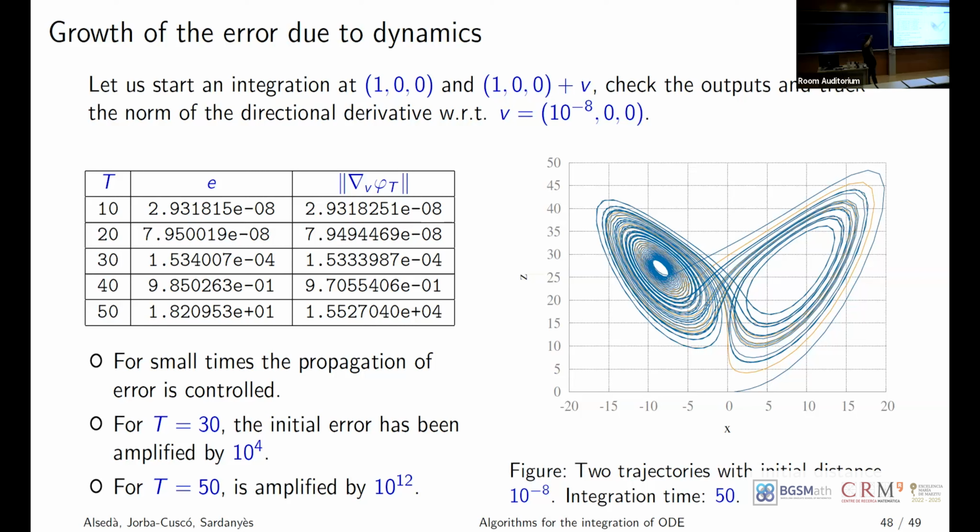Because, I mean, if you want to integrate the solar system for 1 million years, for instance, you want to do as few steps as possible, with the smallest number of steps possible. That's the situation I've used it.